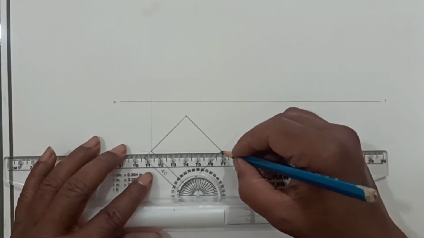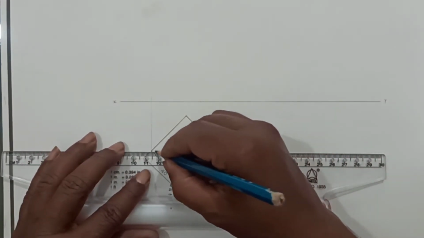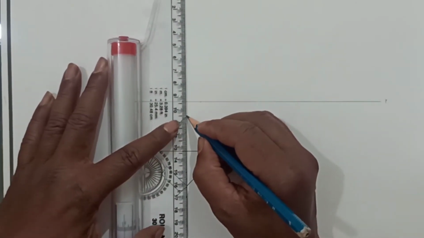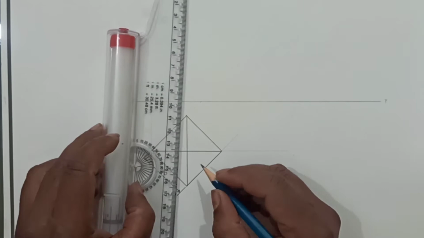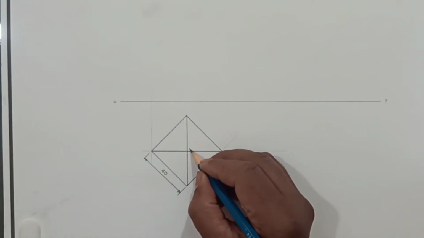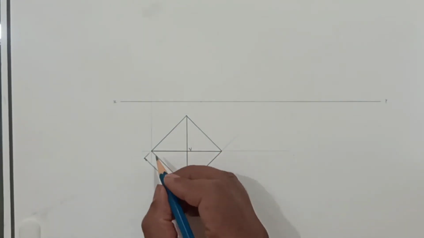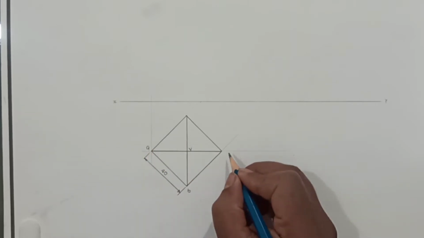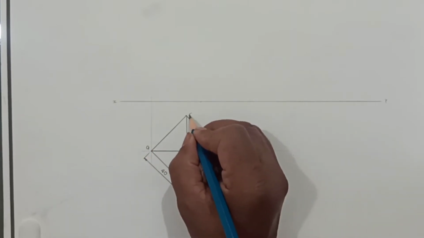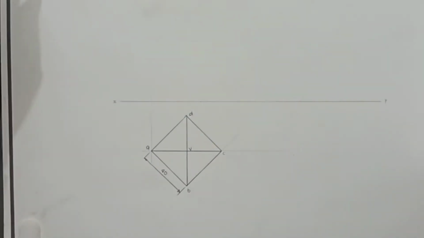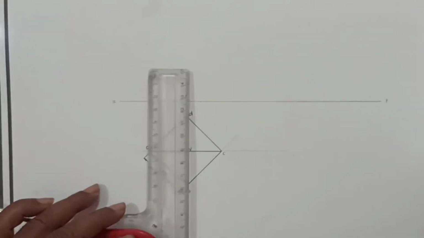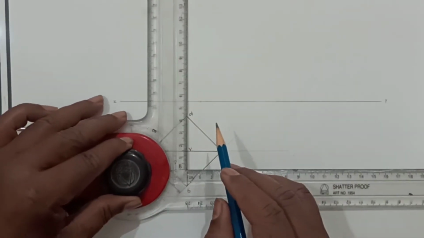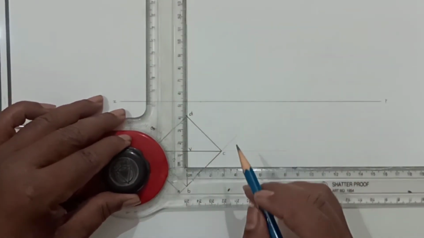In the top view, its slant edges are clearly visible. Show its slant edges. Mark this as vertex V. Now label the points as A, B, C, and D. Then draw its projections and show its front view.